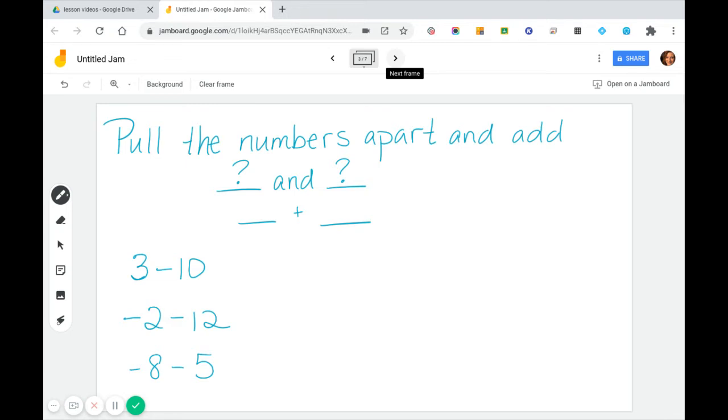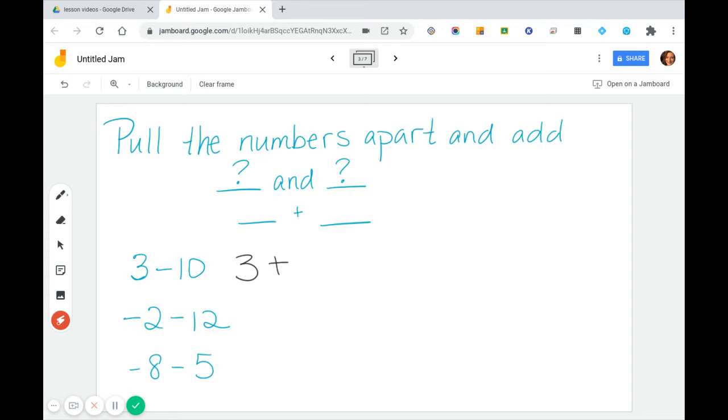We're not going to change the value of the numbers. We're not just randomly going to make a minus sign into a plus, but we're going to rewrite the same numbers into addition. For example, on this first problem here, I see a 3. So I'm going to write down a 3. And when I say the word and, I'm going to put a plus.